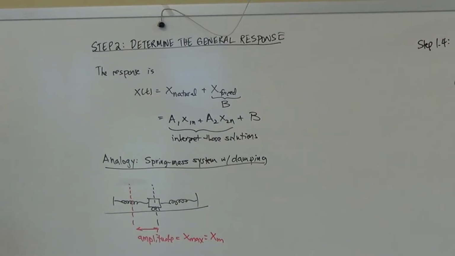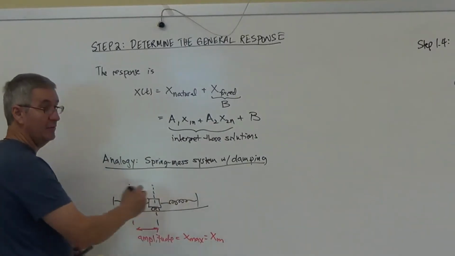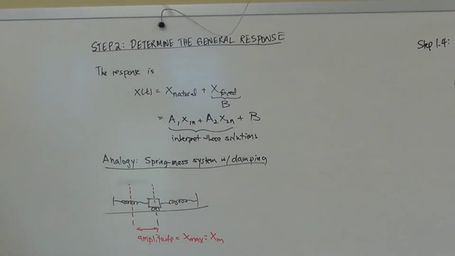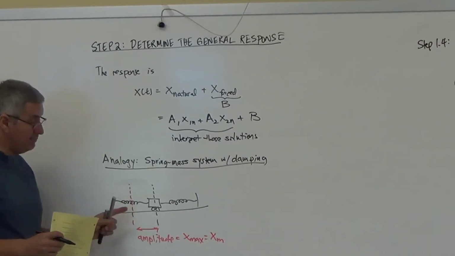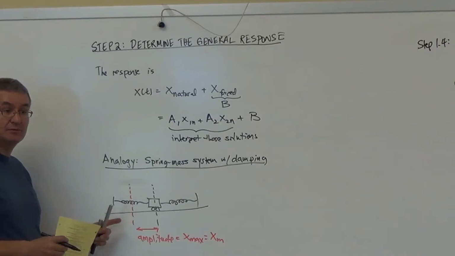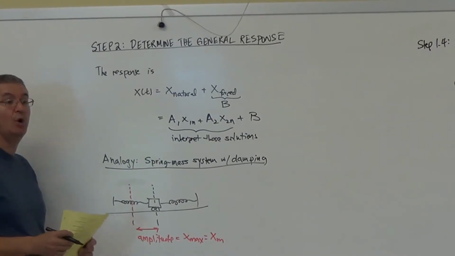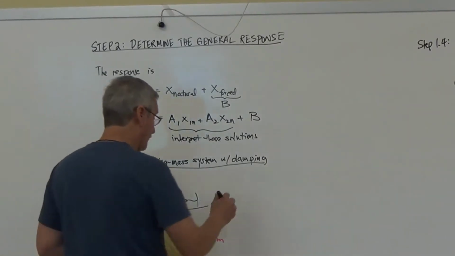So what happens to the cart? Well, it starts to oscillate back and forth. And if there's no friction, it will do this forever. So if I apply Newton's second law to the system, what do we get?